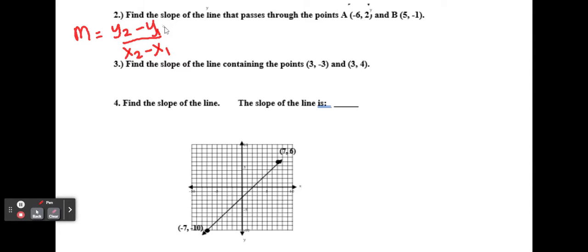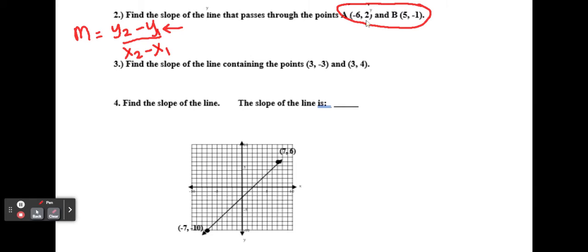It's the change in the rise, right? Remember how we counted on the graph, how far do I go up and how many do I count over? The up is the change in the rise that you're counting. But this time we're given 2 points, so we're just subtracting the ordered pairs to figure out what we would have been doing when we were counting.